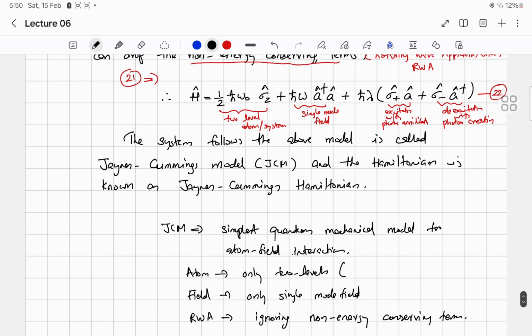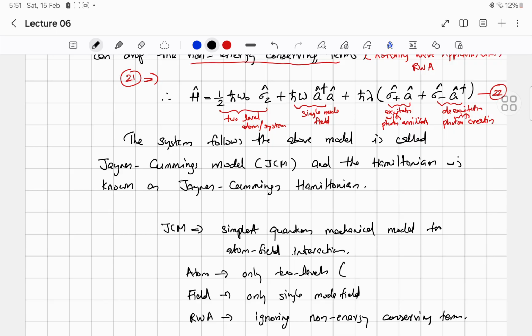Once you start with this, you can add more complexity to the system. You can add multiple atoms and multimode fields, different possible levels of complexity, and you can introduce a nonlinear interaction. There are many possibilities for extending this Jaynes-Cummings model. That is why it is sometimes called the hydrogen atom of quantum optics, because in quantum mechanics the hydrogen atom is a starting point, from which we can build to bigger atoms and molecules.